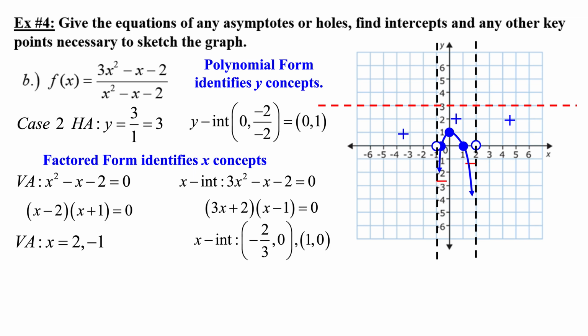Now don't forget, just because you don't see any points out here, there's still something out here in these positive regions. If I go down on the left side of the vertical asymptote at x equals 2, I have to be going up on the right side. So we're going to draw a curve in this region right here. And the same holds true at x equals -1, down on the right, so we'll be up on the left, and we'll have a curve up there. And there's my graph.